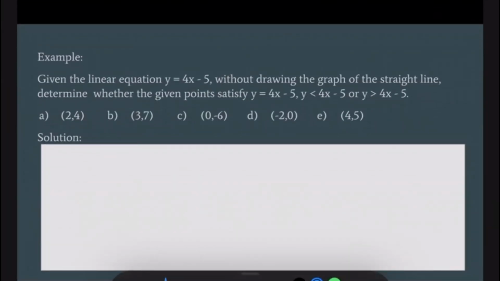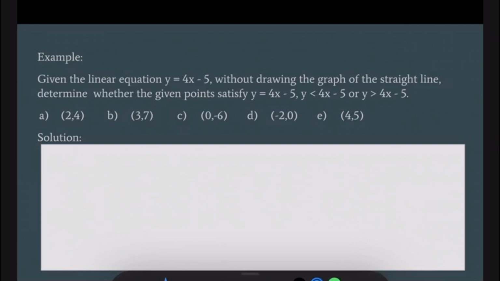Okay, so let's see the question. It asks, given the linear equation y is equal to 4x minus 5, without drawing the graph of the straight line, determine whether the given point satisfies y equal to 4x minus 5, y less than 4x minus 5, or y is more than 4x minus 5.